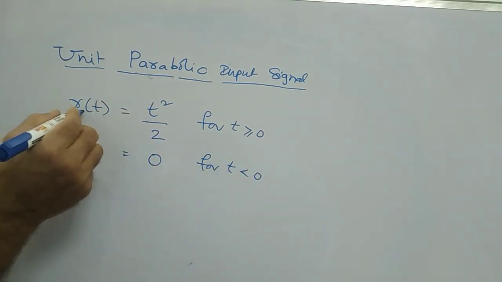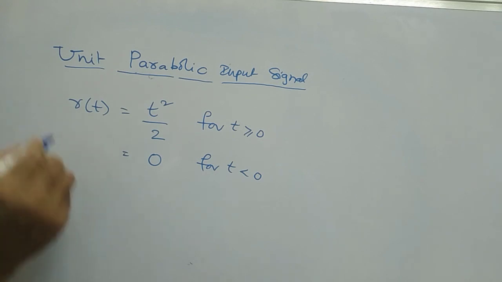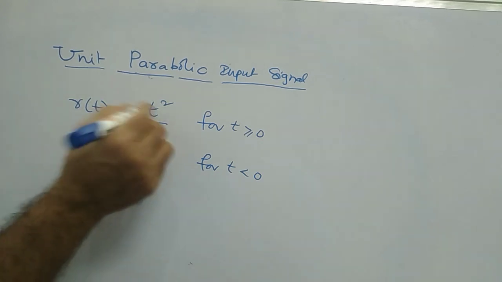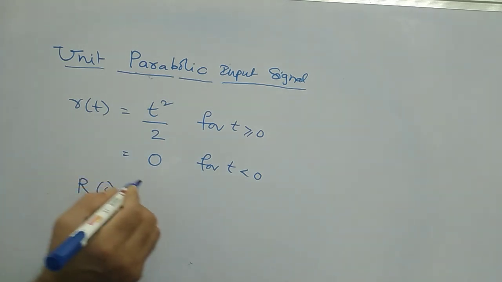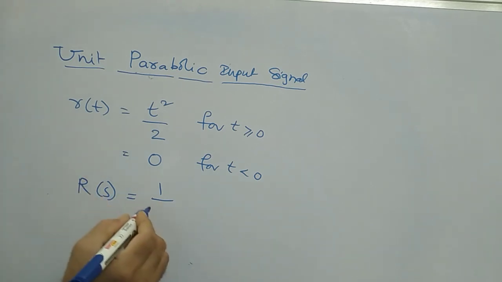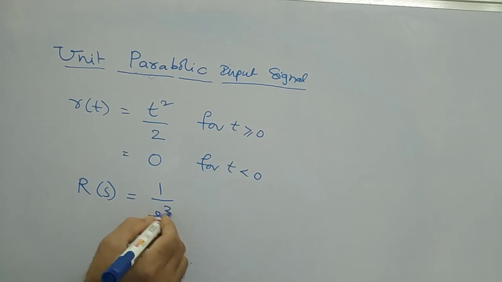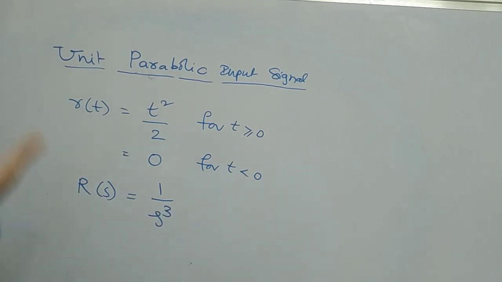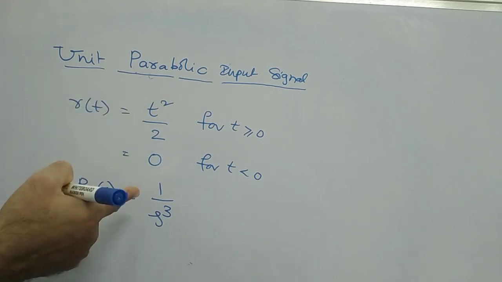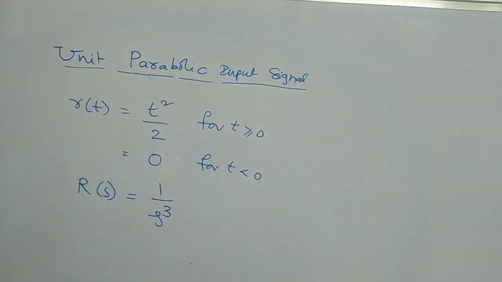If you apply the Laplace transformation to this input, then R of t becomes R of s, and t square by 2 becomes 1 by s cube. Previously for the ramp signal, R of s is equal to 1 by s square. Here it comes 1 by s cube.